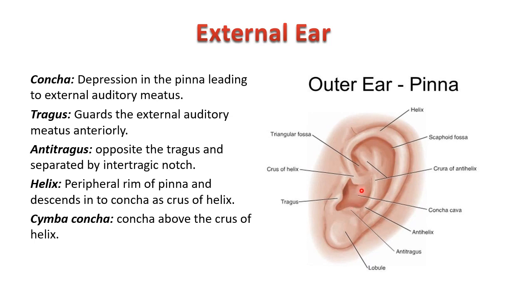In the helix sometimes you will see a tubercle called Darwin's tubercle. That is also mainly genetic in appearance, because it is not seen in everyone; only when certain genes are expressed will you see that.